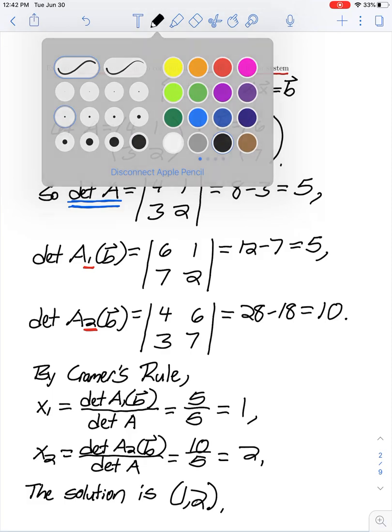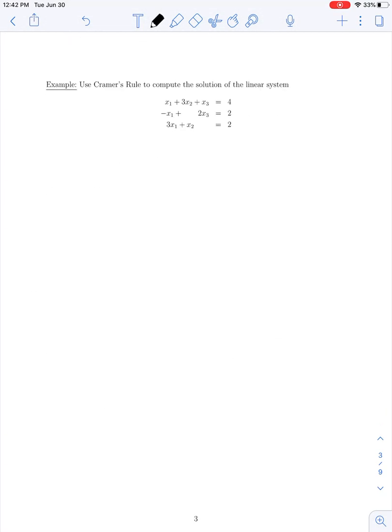So let's look at some other examples. In this next example, we have a system of 3 linear equations in 3 variables, x1, x2, x3. We could solve this a number of ways, but again, we're told in the statement of the problem we have to use Cramer's rule to find our solution. So let's make use of the same approach.